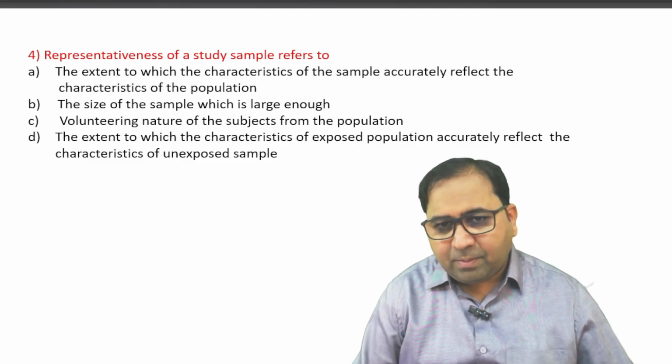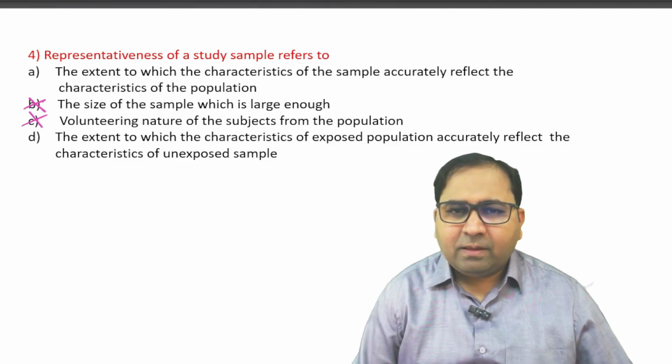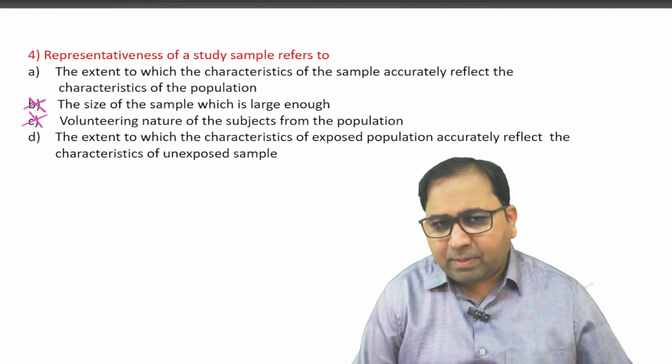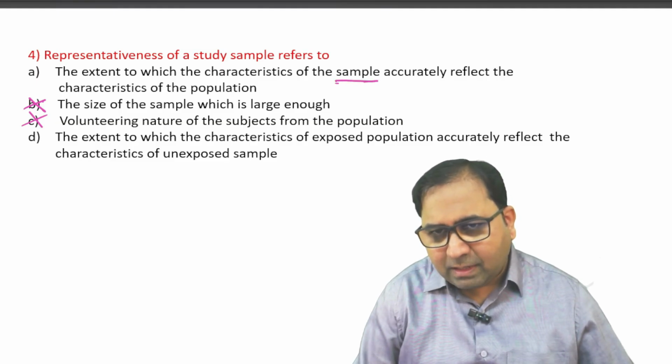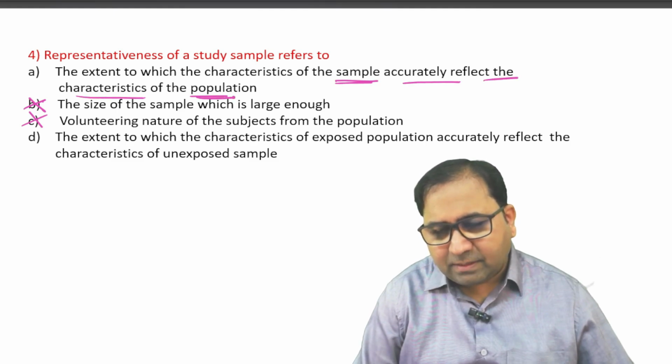The size of the sample which is large enough, this doesn't match, so therefore this should not be the answer. Secondly, volunteering nature of the subjects from the population, it is not volunteering, so even this is not the answer. Now it is between A and D. So representativeness of a study sample refers to the extent to which the characteristics of the sample accurately reflect the characteristics of the population.